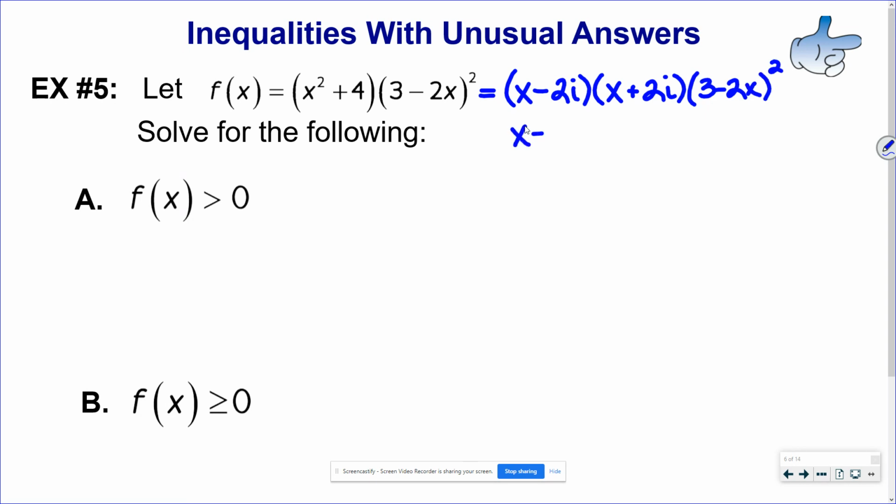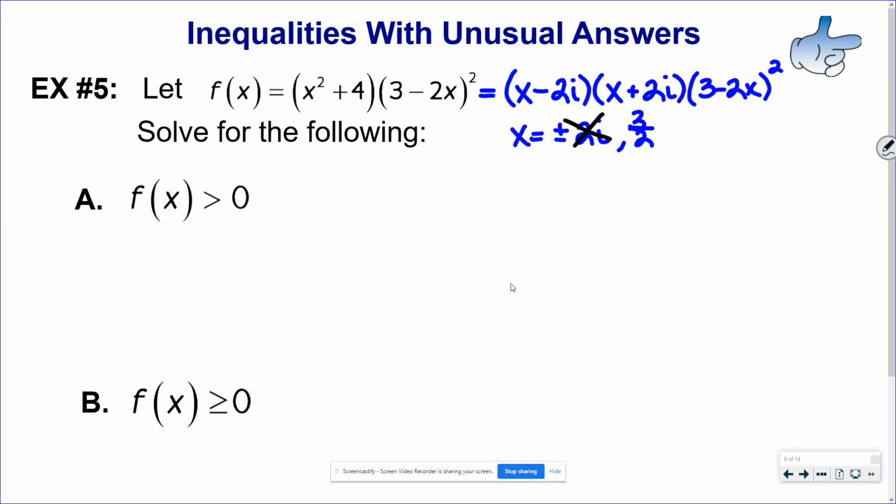In a 0 value, we're not going to use imaginary numbers. So even though an imaginary number is part of the factorization, we will not use it for things like this because it's not a real number. So 3/2 is the only 0 value that I have.